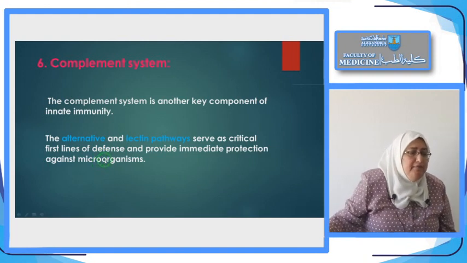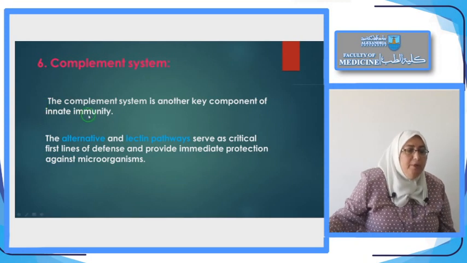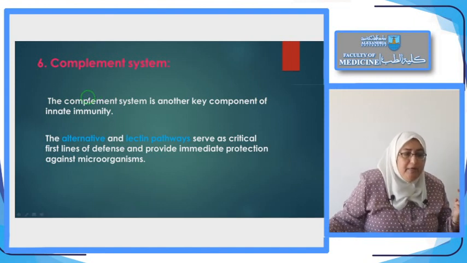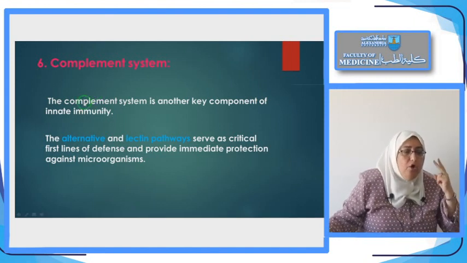The last mechanism of innate immunity is the complement system, another key component of innate immunity. Which pathways of complement work in innate immunity? We have three pathways. Only two work in innate immunity, the alternative and the lectin. The alternative comes in contact with the microbial pathogen and starts with C3.